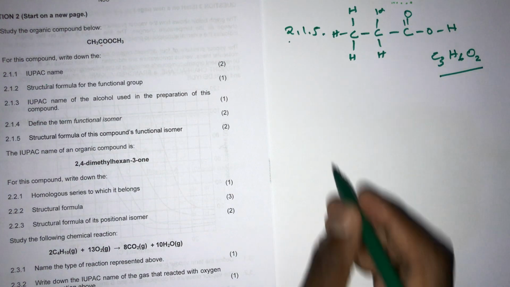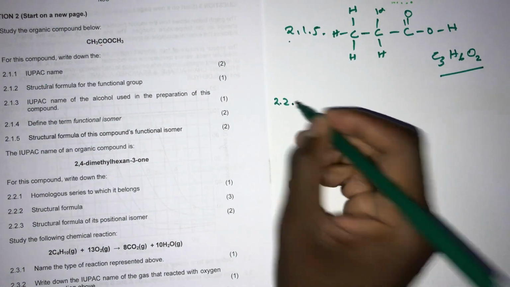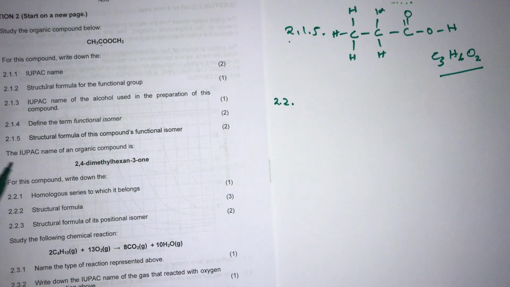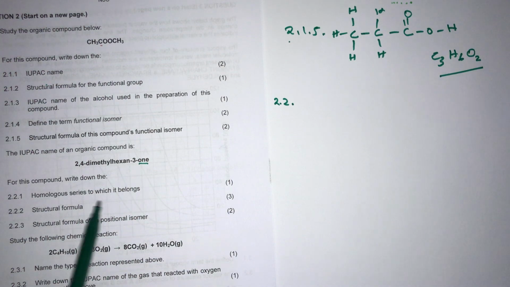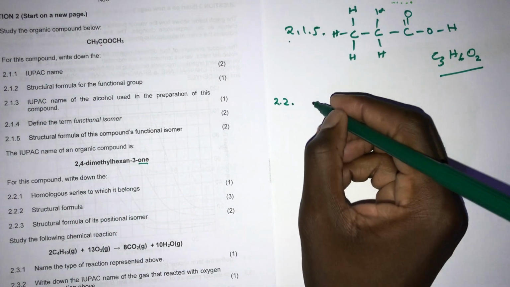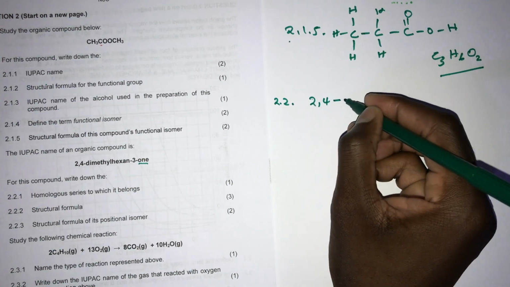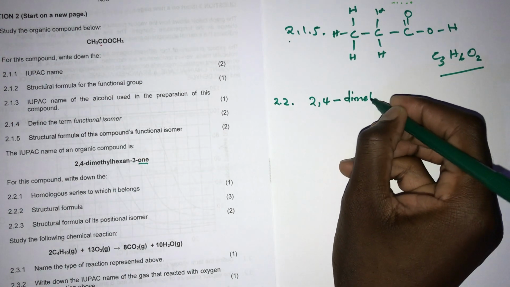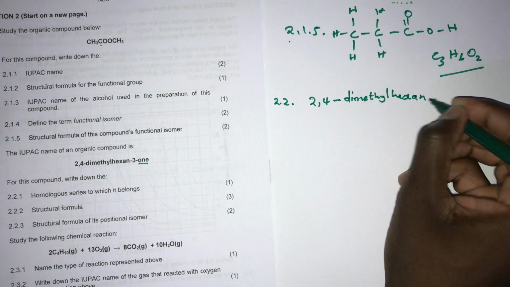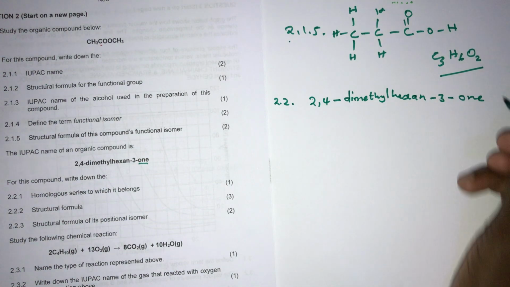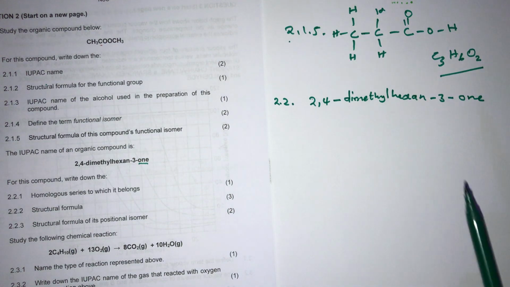So now question 2.2. They said the IUPAC name of the organic compound is 2,4-dimethyl hexane-3-one. So now you must check the IUPAC name.